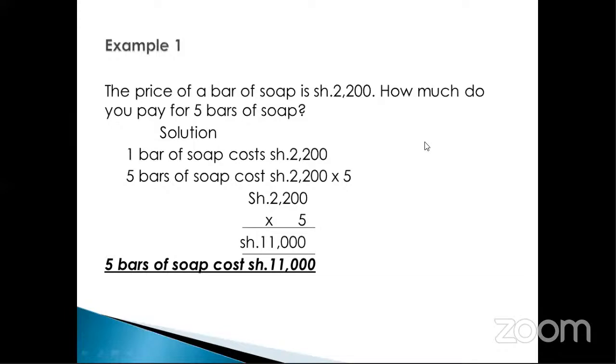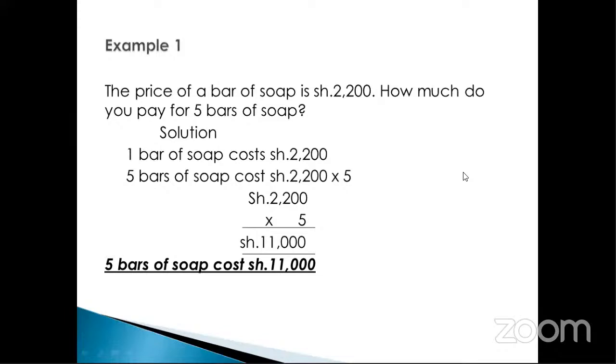Yes, thank you. So Sarah is saying she has not understood the first part, the multiplication. Sarah, which one have you not understood?